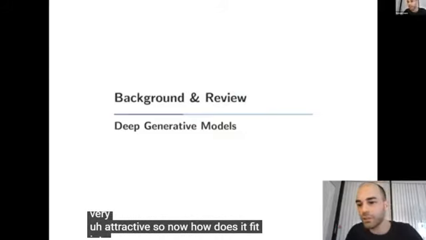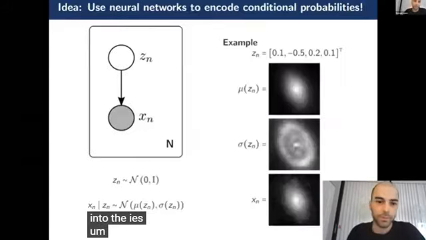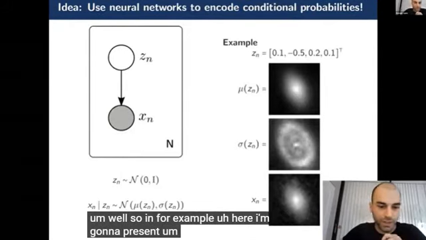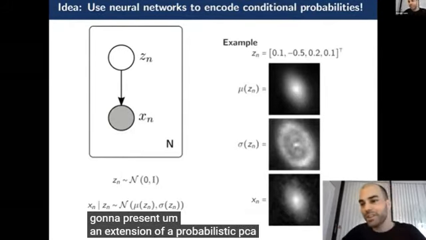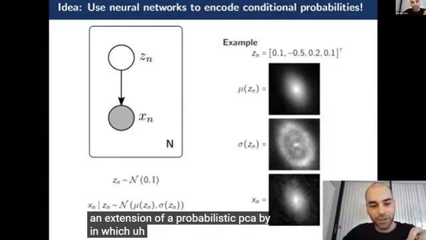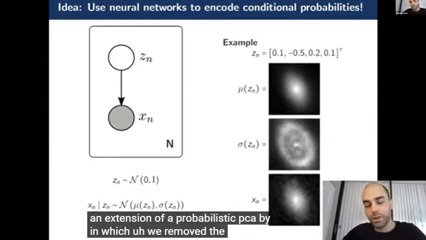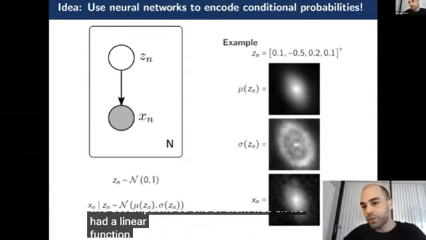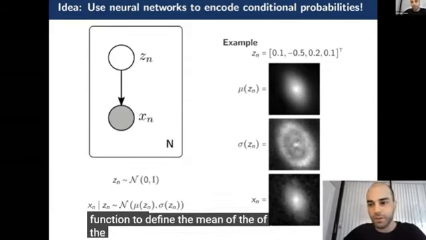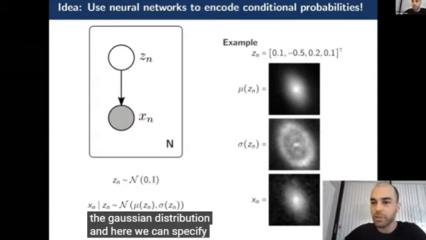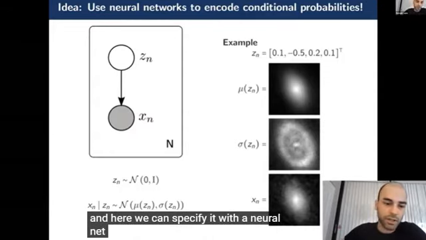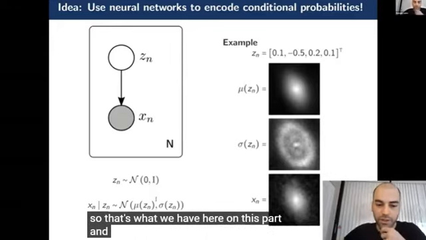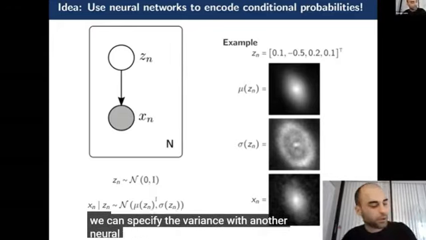So now how does it fit into VAEs? Here I'm going to present an extension of probabilistic PCA in which we remove two assumptions. One of them was that we had a linear function to define the mean of the Gaussian distribution; here we can specify it with a neural net. That's what we have on this part, and we can specify the variance with another neural network.